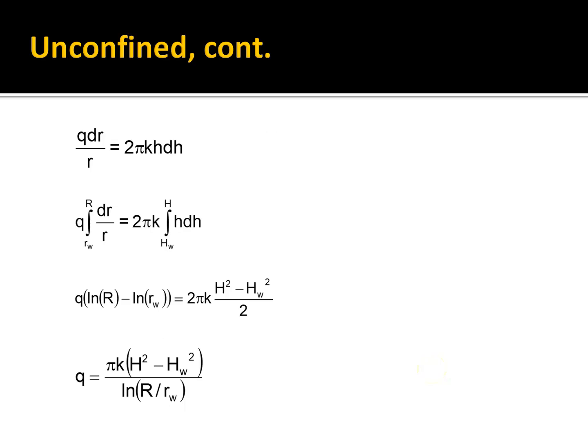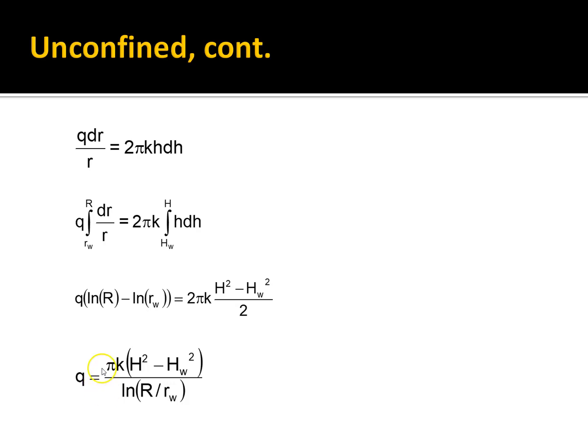So now, how we get a solution is a little different. We're going to move the dr and the r term to the left side, but over here we have h dh, and we're going to take the integral of that. And after processing that integral and then solving for Q, we end up with this expression.